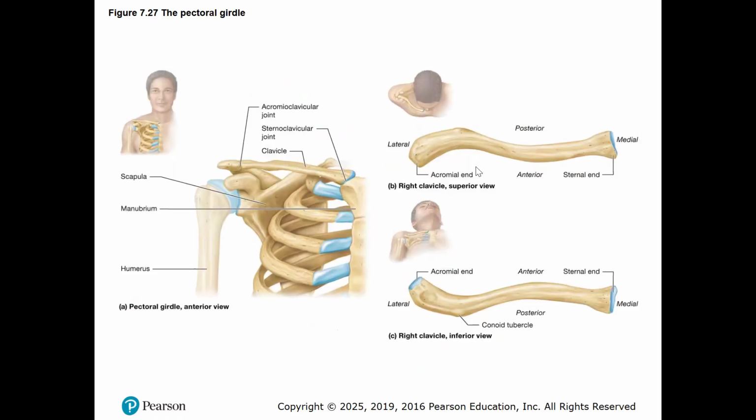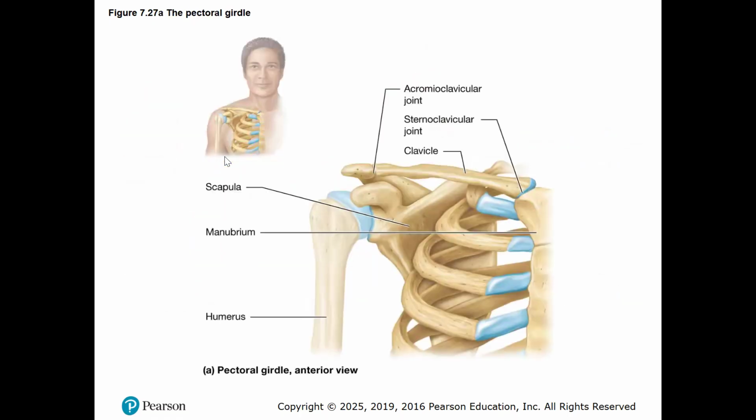You see the clavicle has a sternal end, a more flat end, and an acromial end that's going to articulate here with this acromioclavicular joint, this more anterior curved portion of the scapula that's going to curve more inward. You see how it fits nestled in there. It attaches here to the manubrium of the sternum and attaches here at this acromioclavicular joint of the scapula.